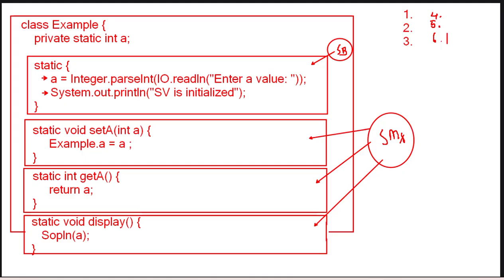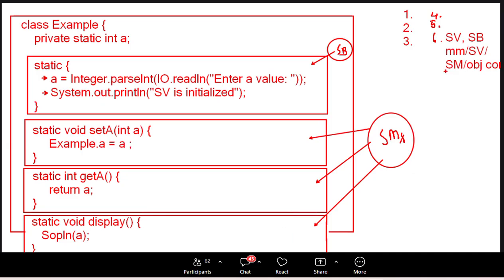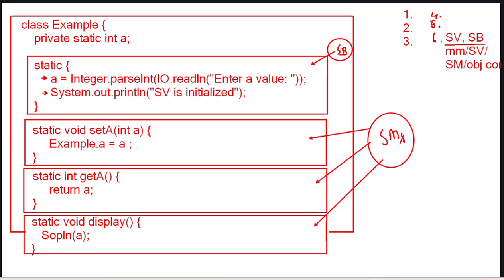First static variable, then static block. One static block or all static blocks? All static blocks. And then either the main method, static variable, static method, or object creation constructor.